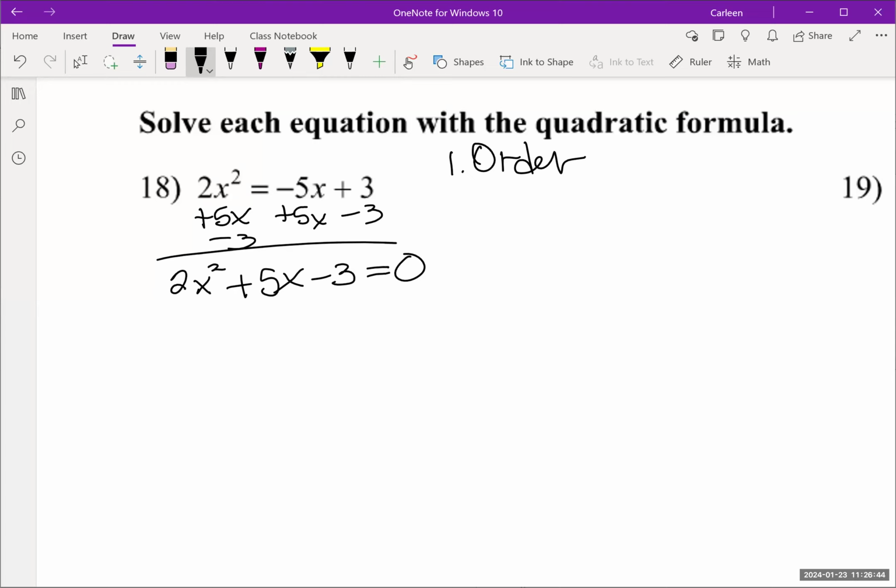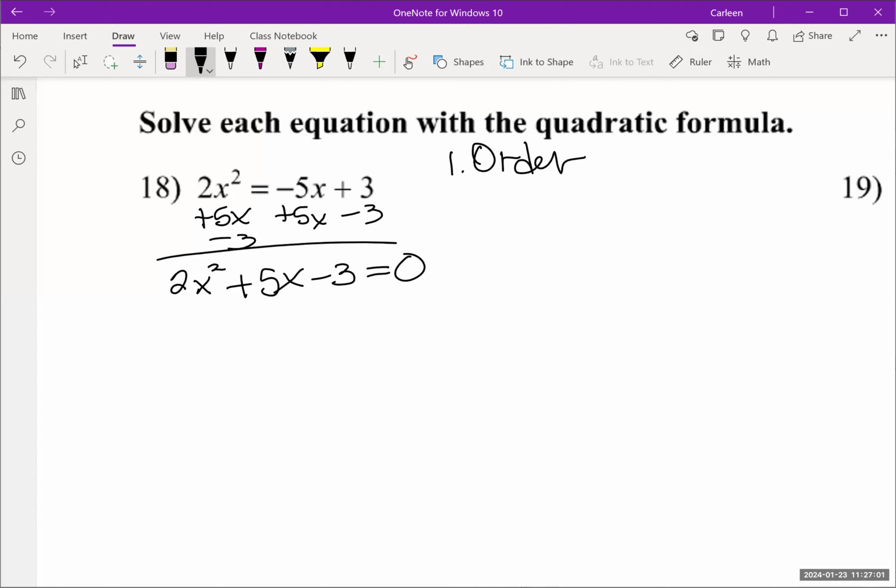Now, this problem, if you did rainbow diamond box, you could factor it. But if it says quadratic formula, you have to use quadratic formula because quadratic formula is not that bad with practice.